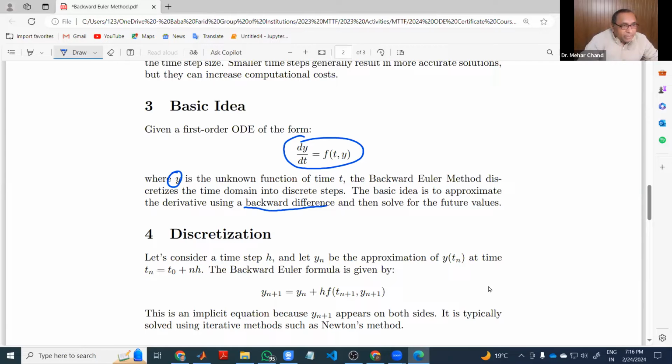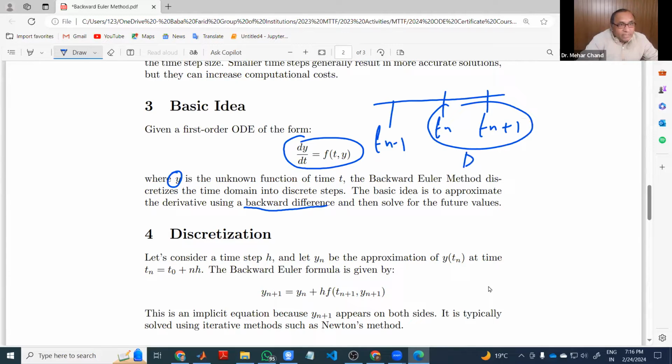As you know, if we have at this place tn, and here is tn plus 1, and here is tn minus 1. In your normal Euler method, we use this technique, so delta tn was equal to tn plus 1 minus tn.